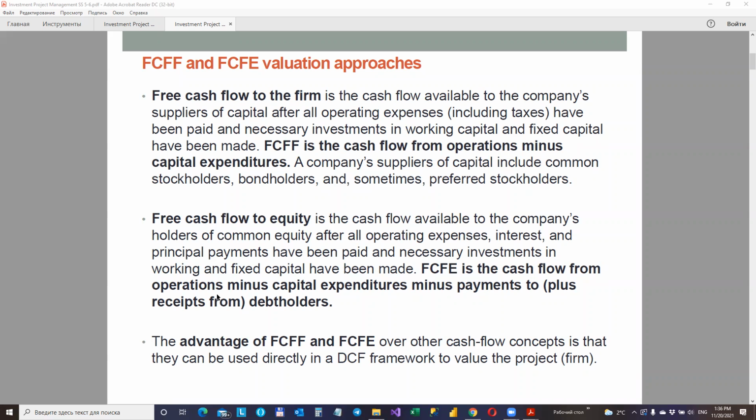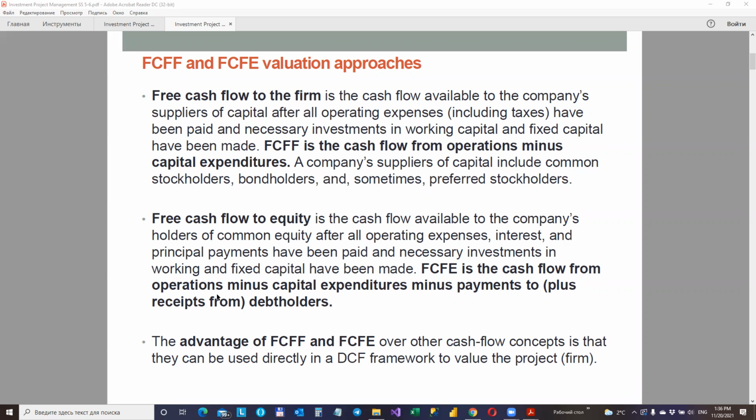The FCFF model is often chosen, however, in other cases. The first case is a levered company with negative free cash flow to equity. In this case, working with free cash flow to the firm to value the company's equity might be easiest.